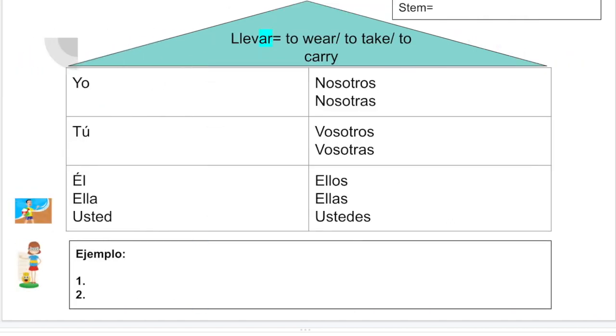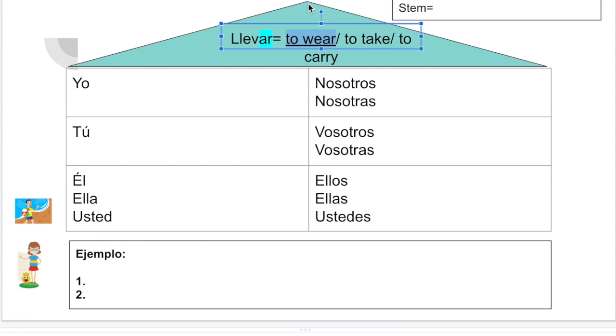Ahora, llevar. Llevar means to wear. In this context that we're talking about clothes, ropa, but it could mean to take or to carry. But in this context, we are just going to use it to wear. Okay? Y es an AR verb. It means o, as, a, amos, an.